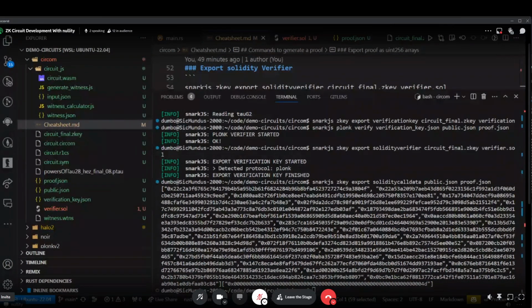Try pasting it in this contract. Why is it not working? There's some error.